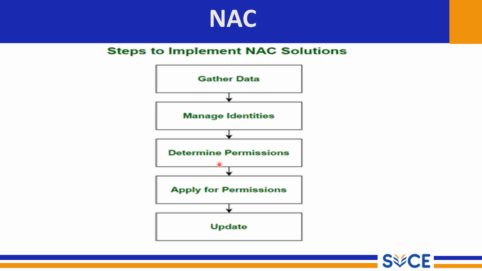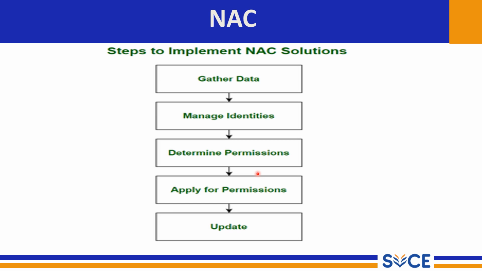Apply the permission means applying permission policies on identified user groups and registering each user in the NAC system to trace their access level and activity within the network. And update means we have to monitor security operations and make adjustments to permission policies based on the changing requirements of the organization with the technology.